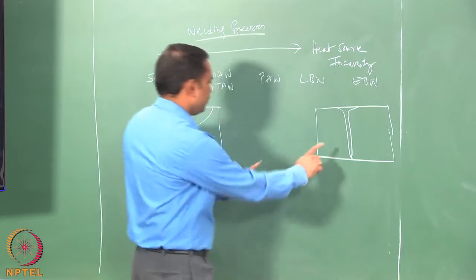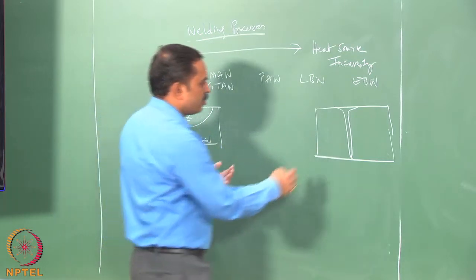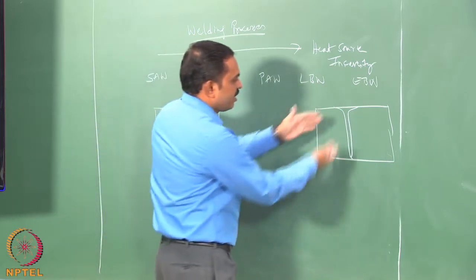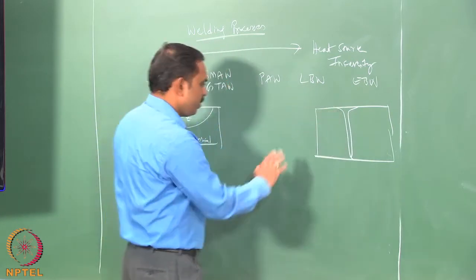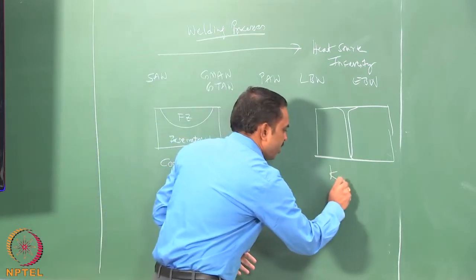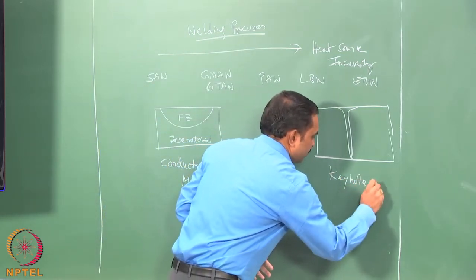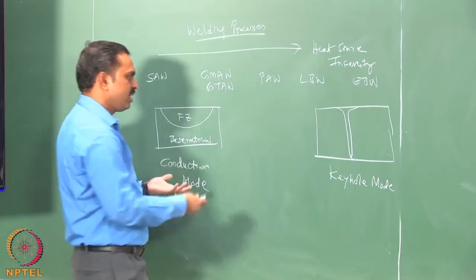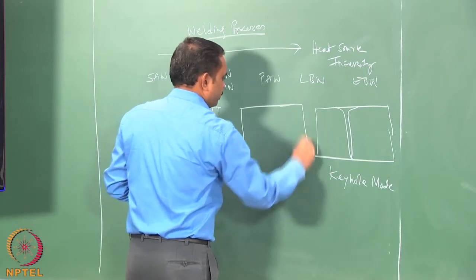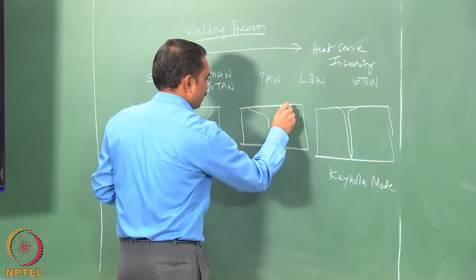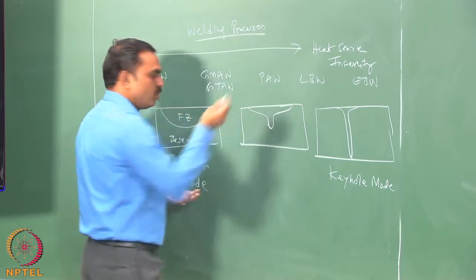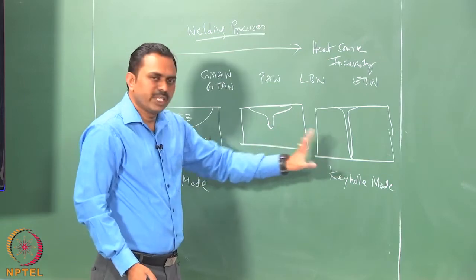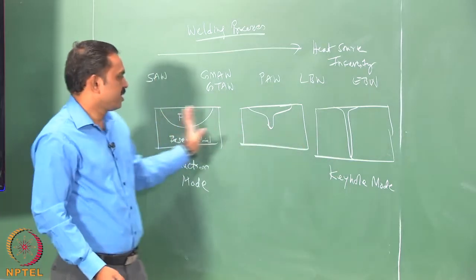At the very top the cup is going to resemble this shape, but significantly it is a narrow and very deep pool that we are talking about here, and this mode is called the keyhole. Somewhere in between, when the transition is happening, you may see shapes like this, a mixture of some amount of keyholing happening, and the rest of it is conduction mode.